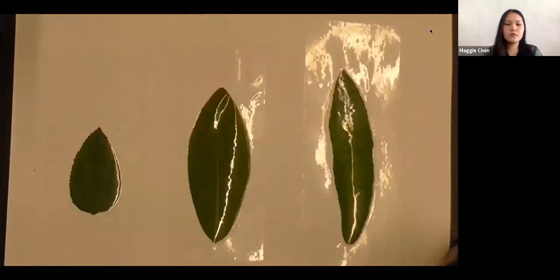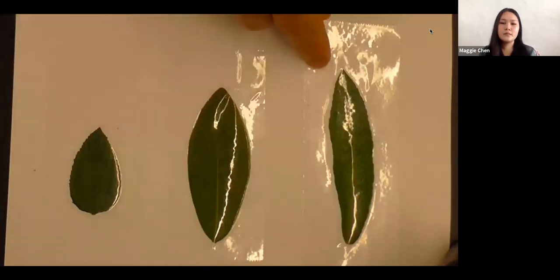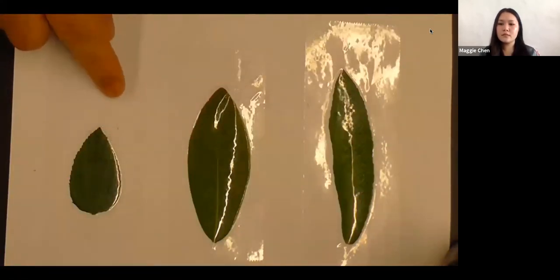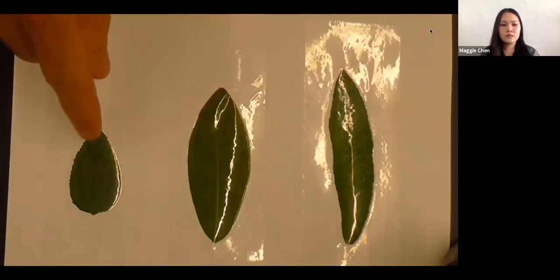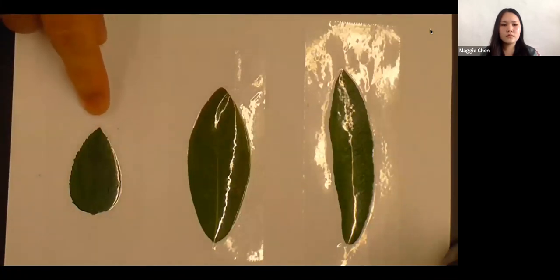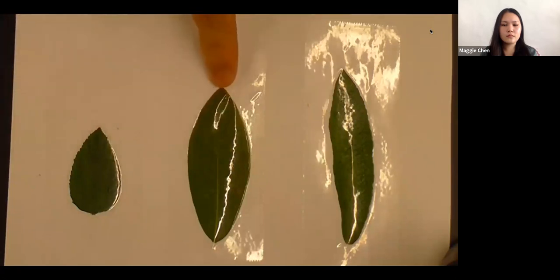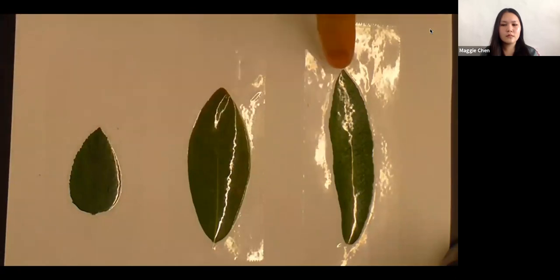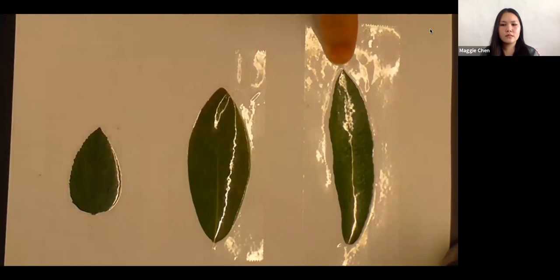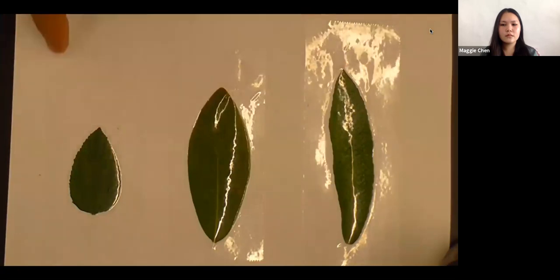Okay, so these are the 3 species of plant leaves that we will be measuring for our lab today. Right here, this is blue blossom, this is California bay laurel, and this right here is arroyo willow. All 3 of these are native to Northern California, and they can be found all over campus at USF.